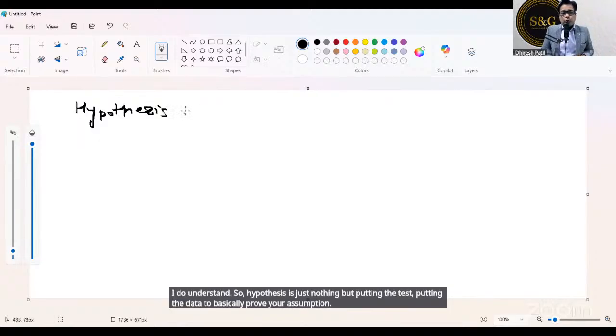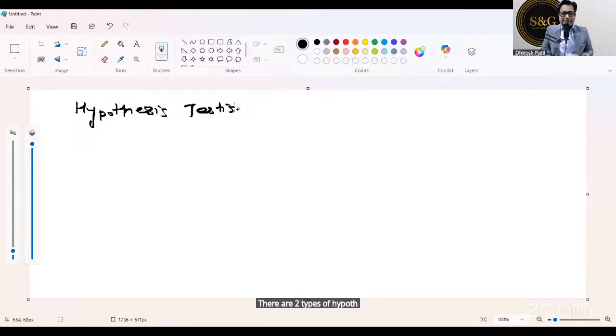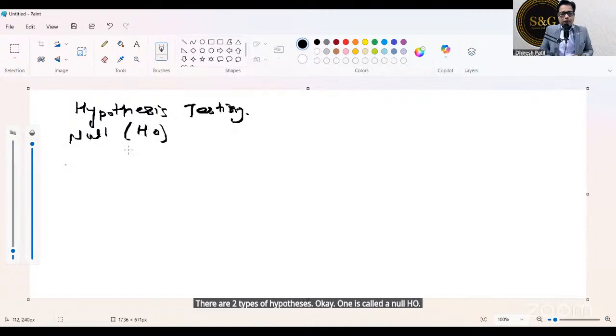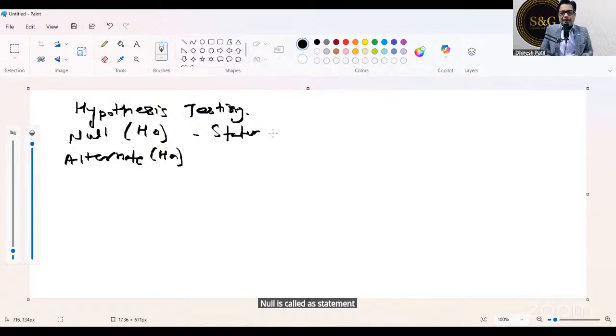So there are two types of hypothesis. One is called null, H0, and the other is called alternate hypothesis, which is called HA. Null is called the statement of equality.